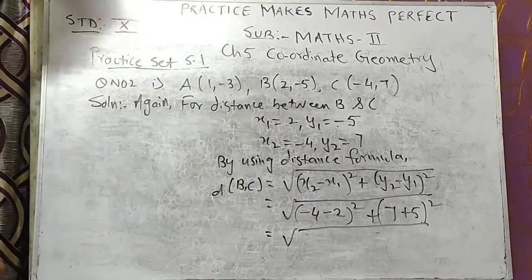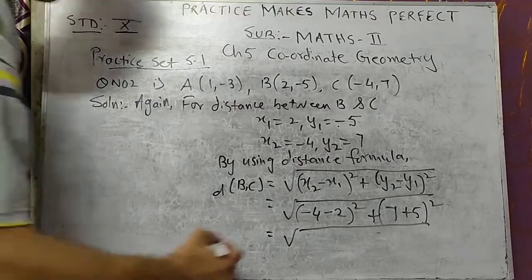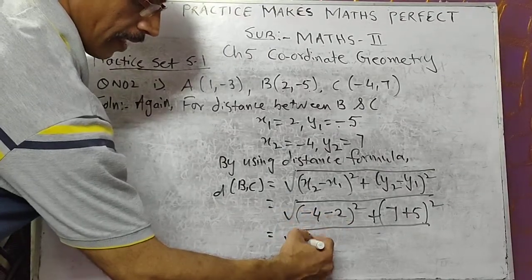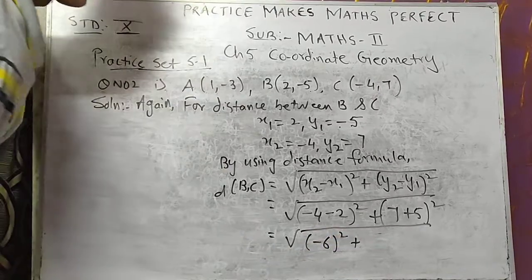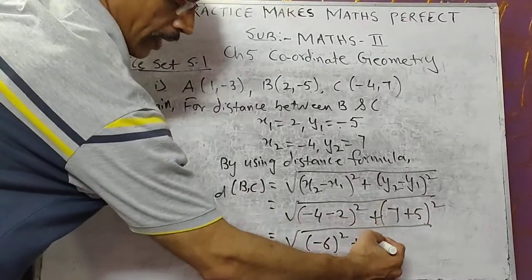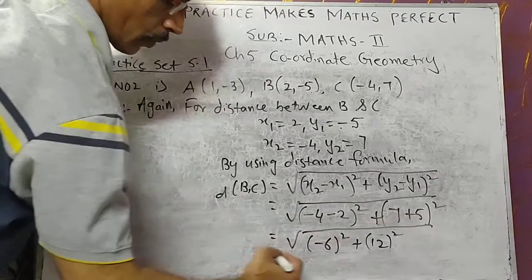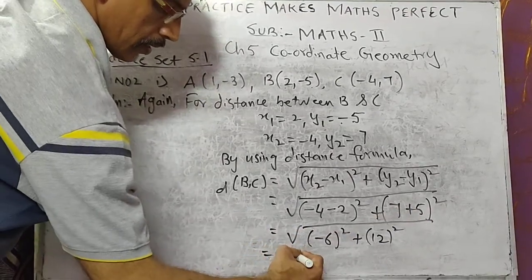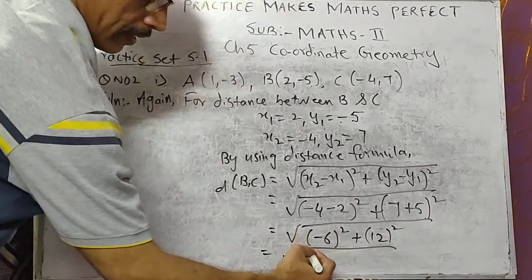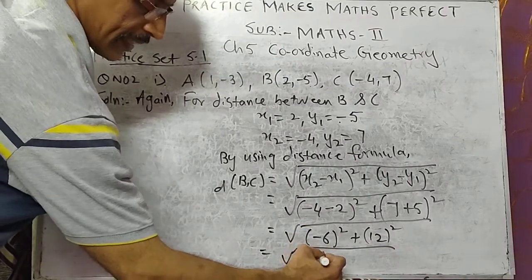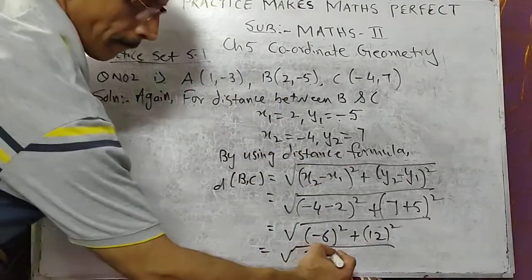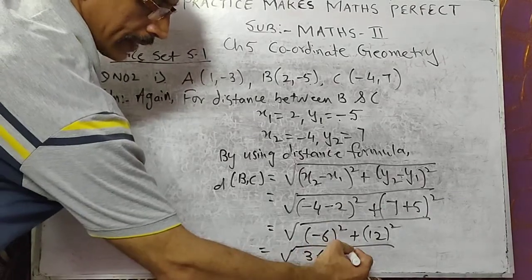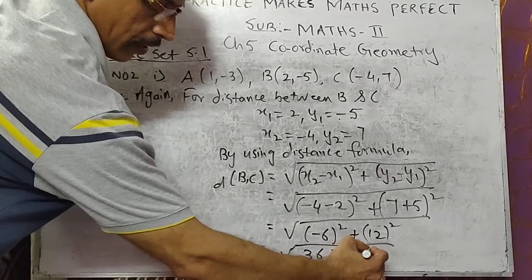You will get here minus minus plus, minus 6 the whole square plus 7 plus 5 is 12, 12 the whole square. 6 square will be 36, minus square will be in plus only, 36 plus 12 square is 144.